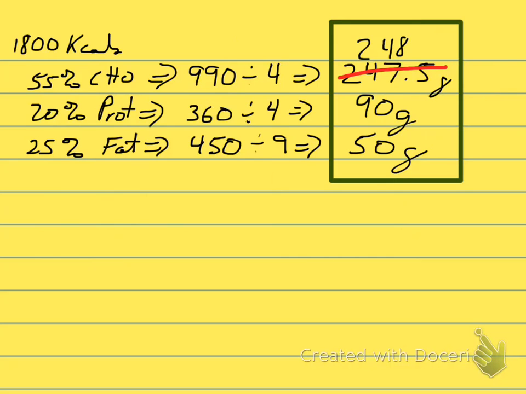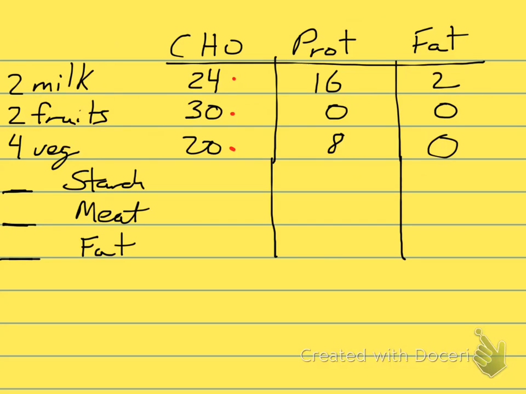So if I take my 248 and add these together, I get 74 grams of carbohydrate from the milk, the fruit, and the vegetable. So I'm going to come over to a new page again, and for our starch exchange, I'm going to have 248 grams that are my target. I've already counted for 74 grams, right?